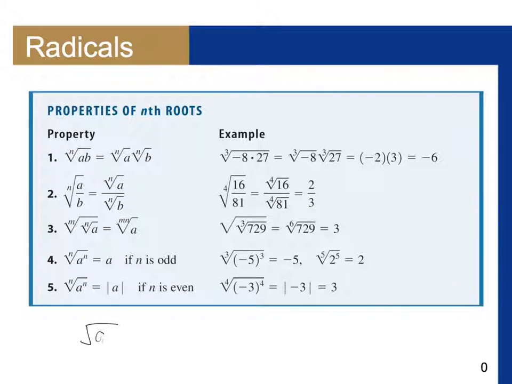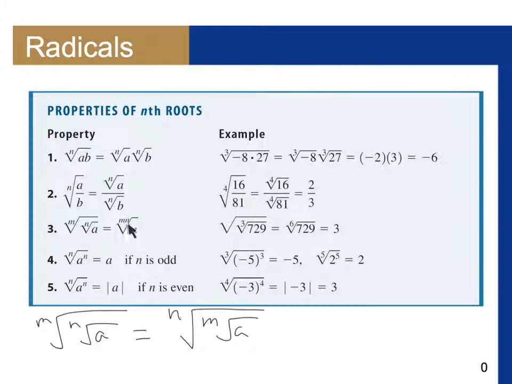The nth root of a is the same thing as writing it where we take the nth root first, and then take the nth root. We'll look at that again in another slide, but basically it doesn't matter which root you take first.